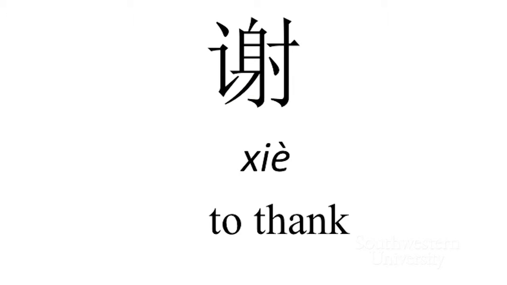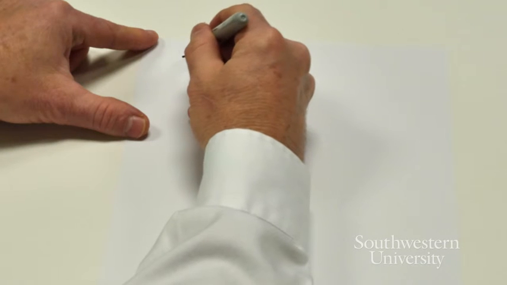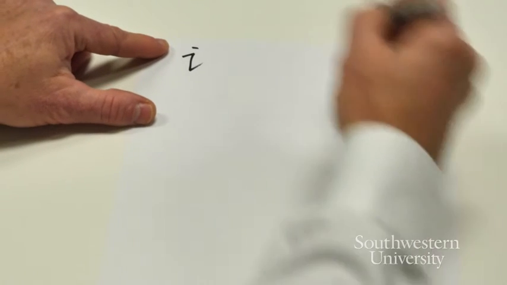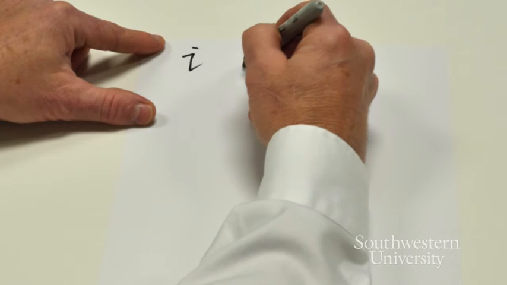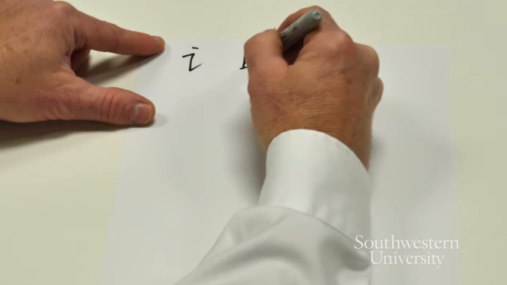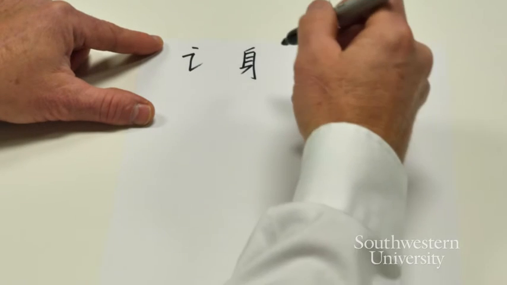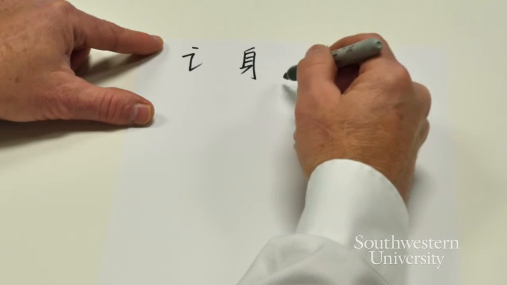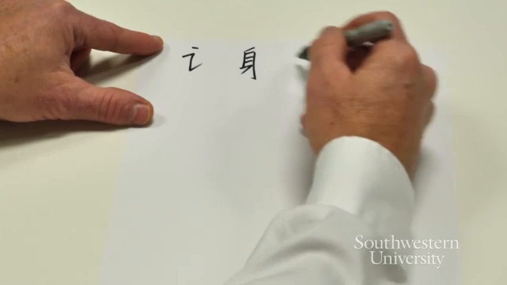Xie. So we've got the famous speech radical here, and then the other component is made of two parts. This component is body, shen, and it is actually a depiction of someone with a fat belly.